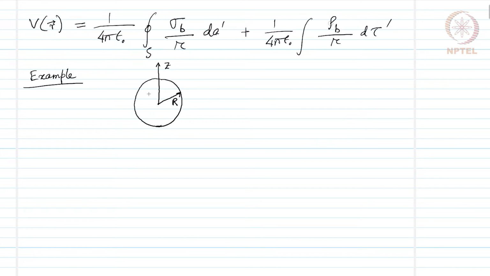It is uniformly polarized with polarization P, and uniform polarization does not mean radial; it means the polarization is along one direction, which we assume to be along the z direction. Let us consider any point somewhere here. The direction of the surface is along n cap, and the angle it makes with the z axis is theta.